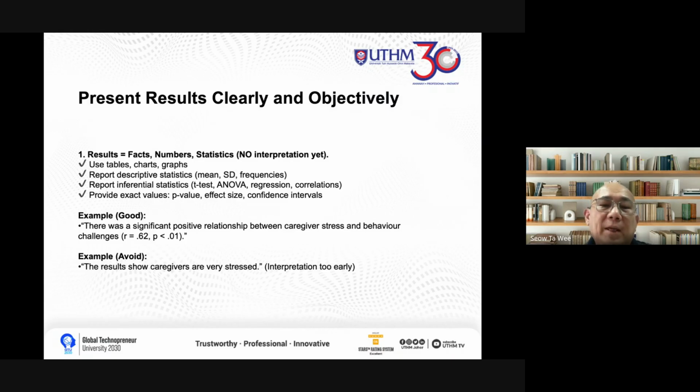For example, there was a significant positive relationship between caregiver stress and behavioral challenge, P less than 0.1 and R is 0.62. But you have to avoid saying only, the result shows the caregivers are very stressed. That interpretation is too easy. You have to go back to your hypothesis, and then highlight how big the P value is.